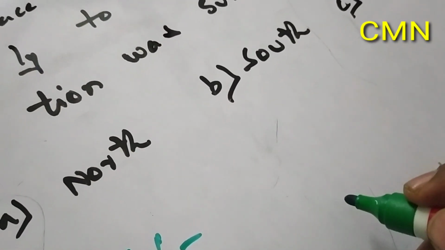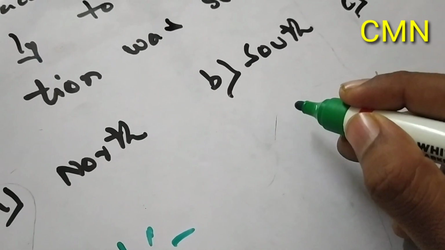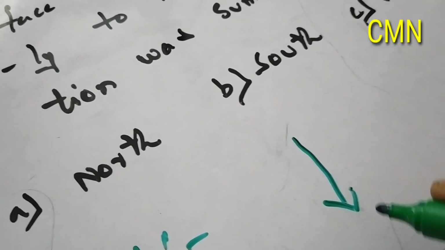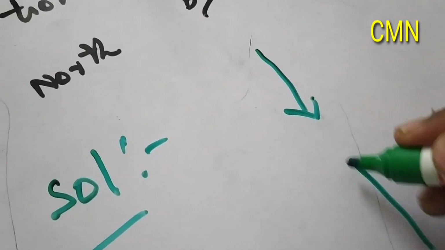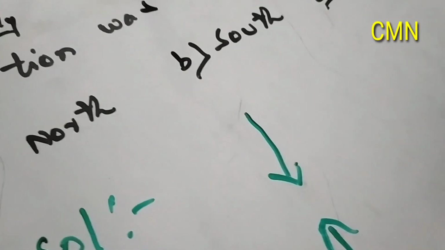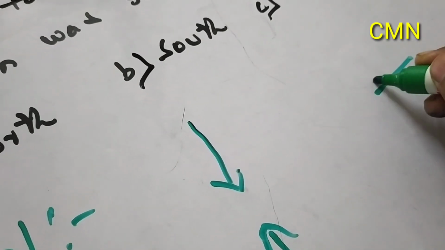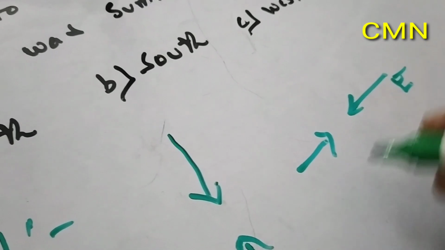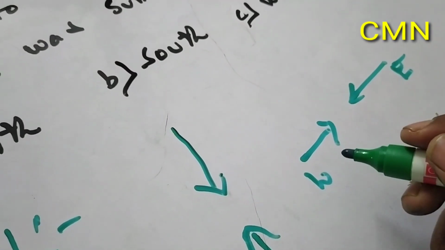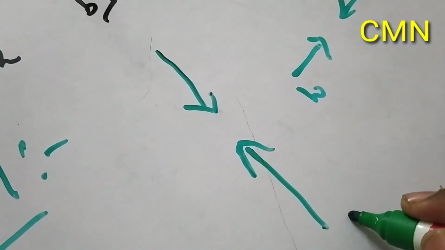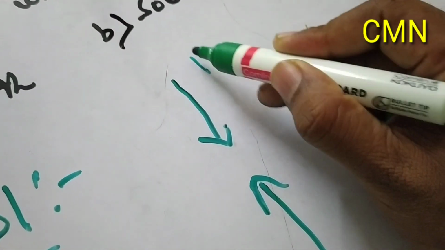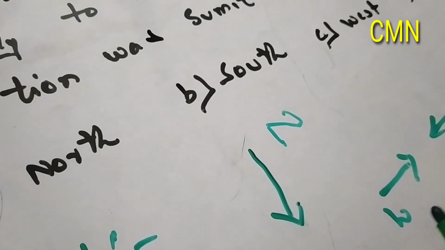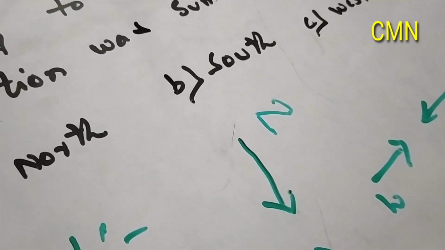Here there are two possible positions, face to face. That means one will face this way, and the second will face the other way. This is east, this is west, this is south, this is north. Face to face means two possible turns.